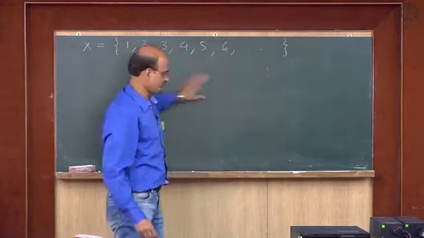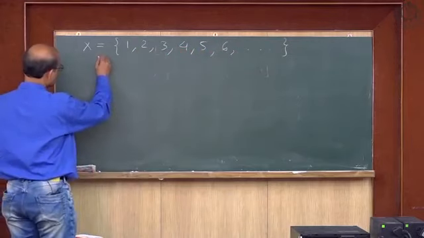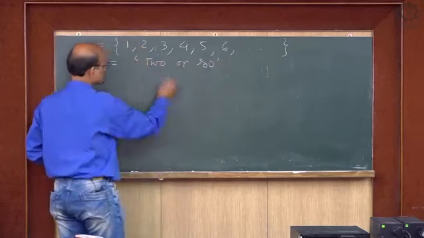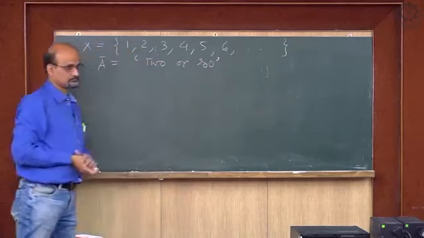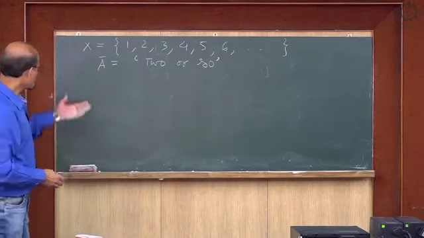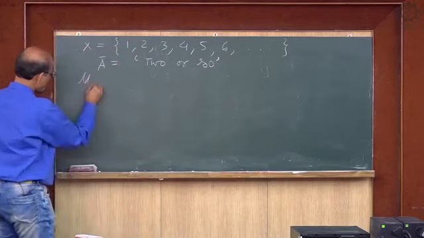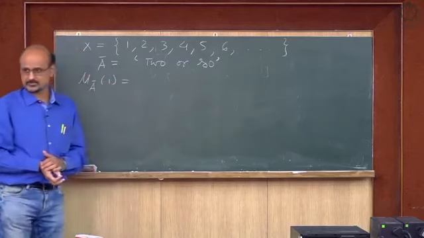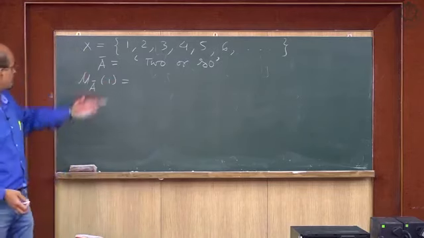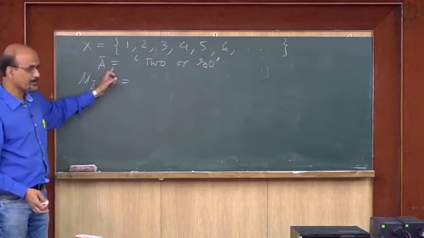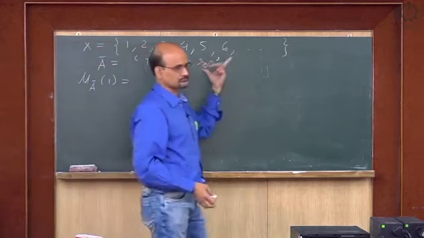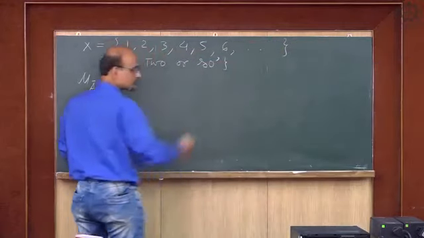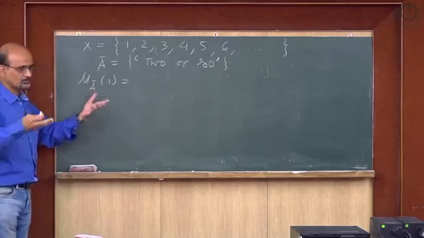Now, if I define a fuzzy set A bar as "2 or so", meaning the number 2 or so, what can you tell me about the membership function of 1? If your universal set is this, I am defining this fuzzy set as 2 or so.